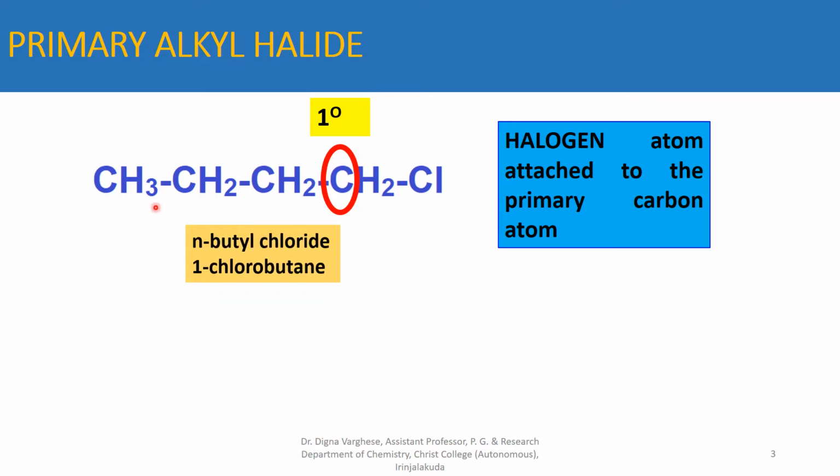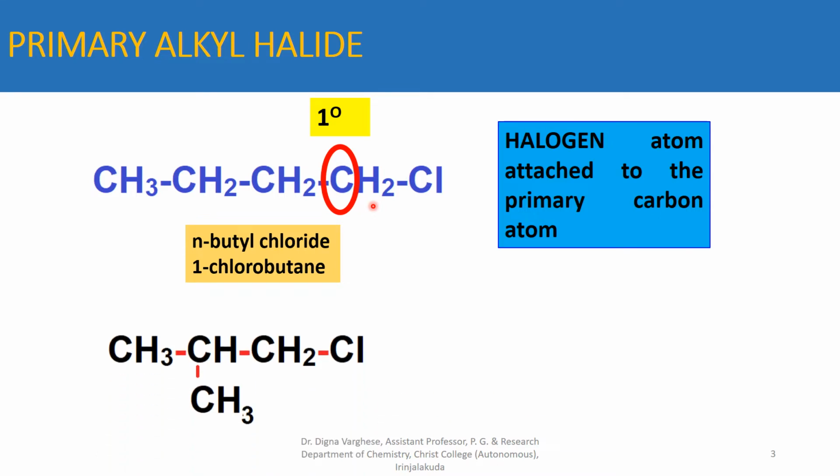It is n-butyl chloride or 1-chlorobutane. Another example is CH3CH(CH3)CH2Cl. Here the chlorine atom is attached to the primary carbon atom.